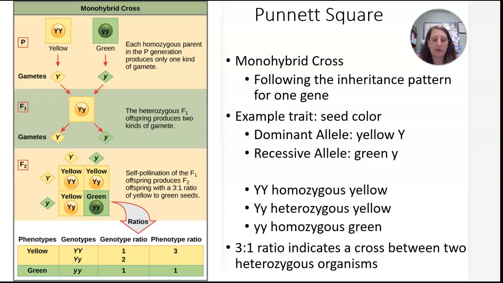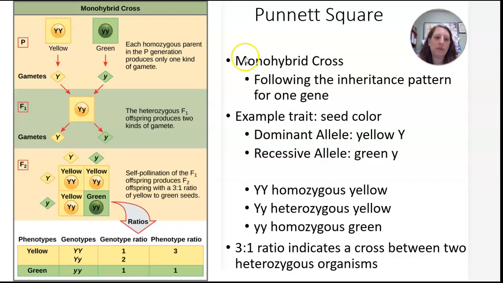The dominant phenotype is yellow, and the recessive phenotype is green. Yellow seeds can either be homozygous dominant, big Y, or heterozygous, big Y, little y. The only way to get green seeds is in the homozygous recessive condition, little y.